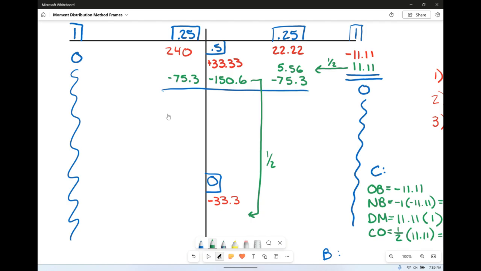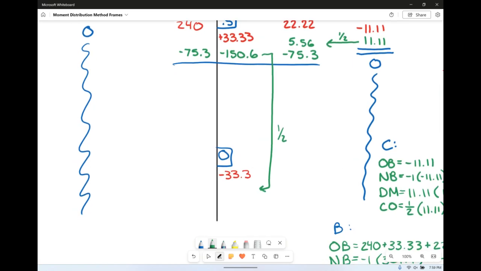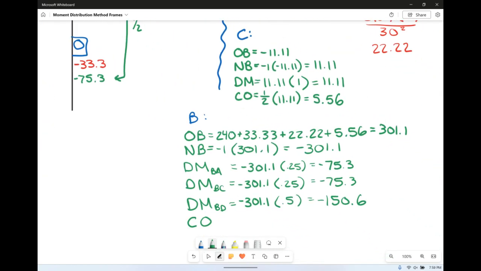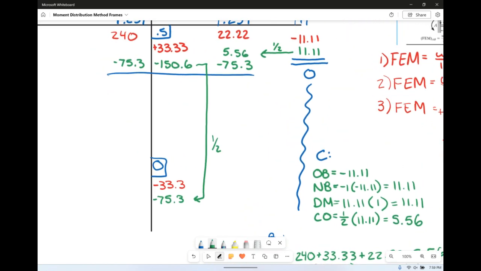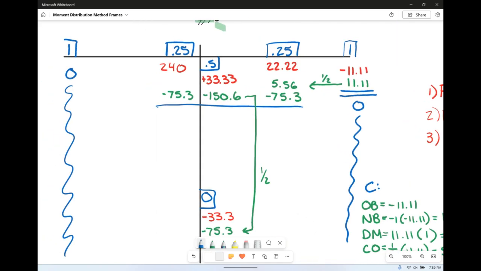Because they have a distribution factor of 1. They don't take any more once they go into equilibrium. So we just have to send half of him down. And half of him down, you already know what half of him is. That's negative 75.3, right? But anyway, we'll write it down just in case. 1/2 of negative 150.6 is negative 75.3. So we carried half over. Since A is in equilibrium, C is in equilibrium, I guess we're all in equilibrium. As equilibrium as possible we can get.